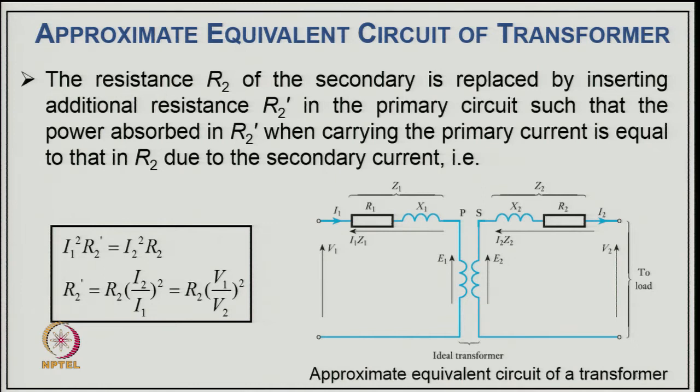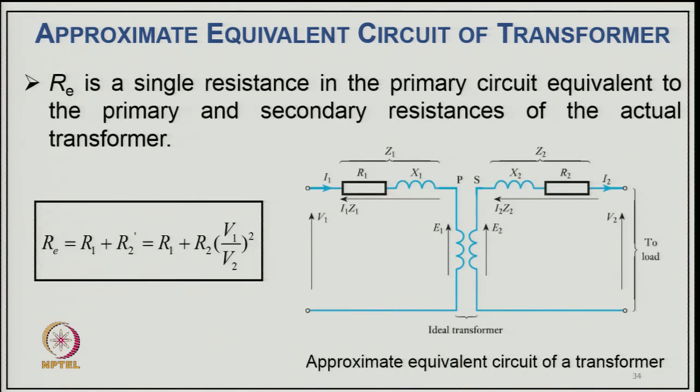When you refer to the primary side, the copper loss represented on the primary side will be I1 square into R2 dash equal to I2 square R2, and from there we get R2 dash equal to R2 (I2 upon I1) square, equal to R2 (V1 upon V2) square. So, we are transferring the secondary resistance R2 to the primary side, and this is still the approximate equivalent circuit because we have neglected the shunt branch parameters here.